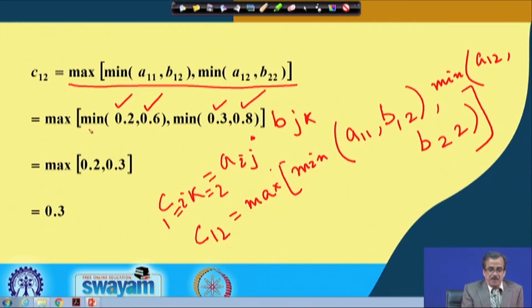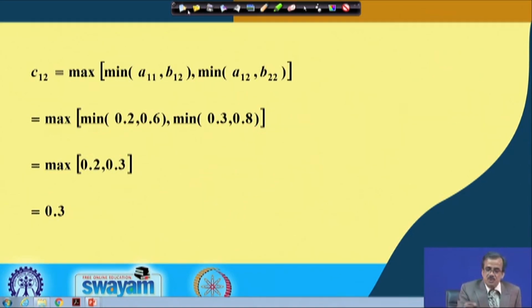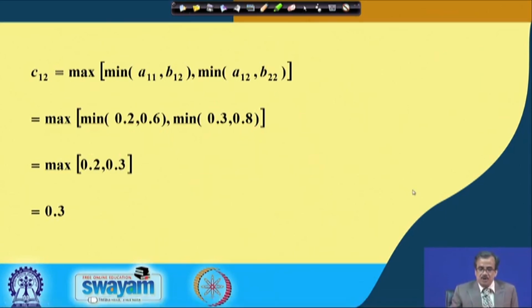So, the minimum between 0.2 and 0.6 is 0.2. Similarly, the minimum between 0.3 and 0.8 is 0.3, and the maximum between them is 0.3. So, we can find out the numerical value for this particular C12.